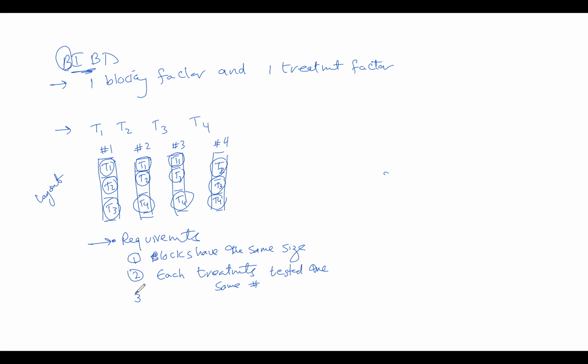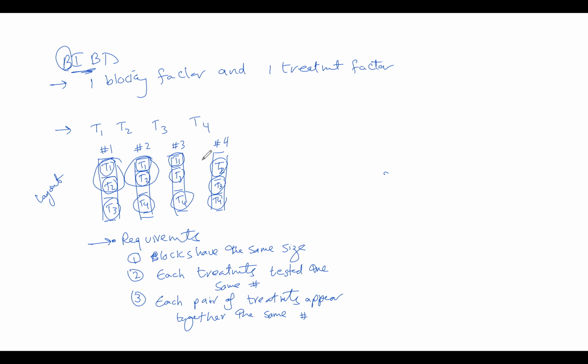The third requirement is each pair of treatments appear together the same number of times. So let's see T1, T2. T1, T2 appear how many times together? 1, 2, 2 times.